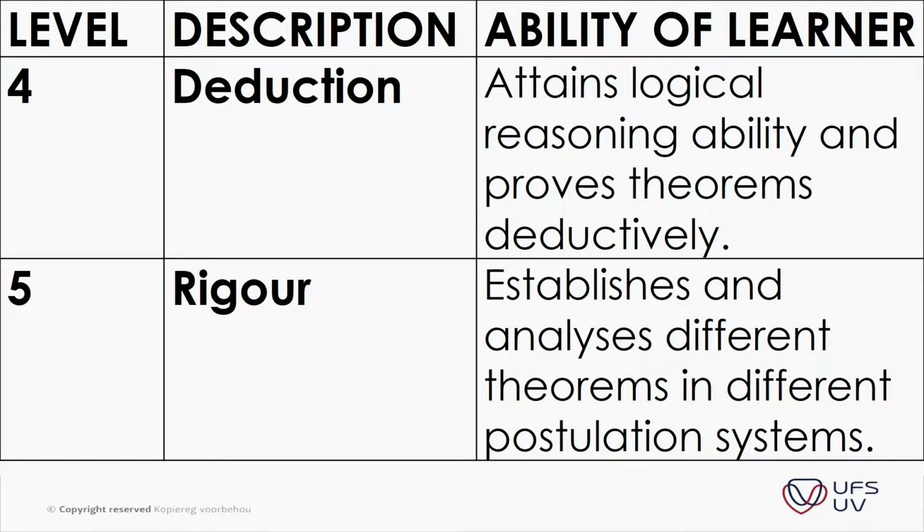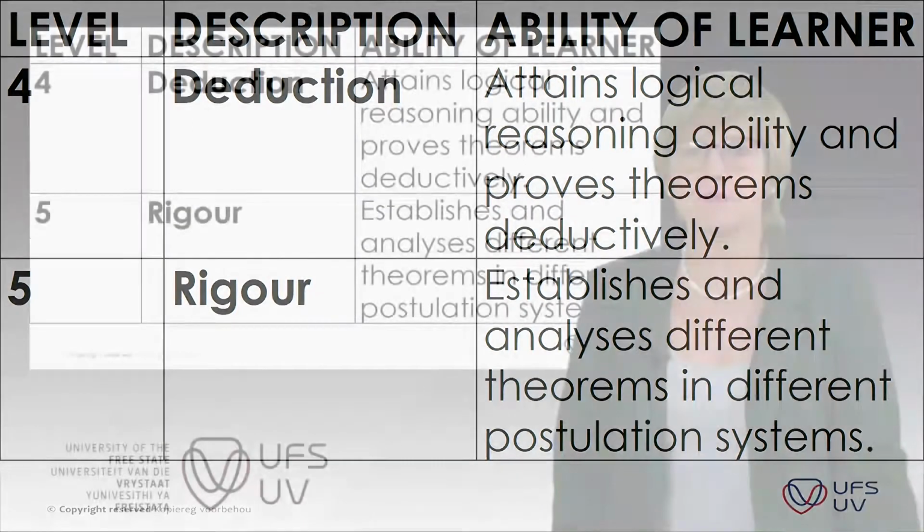Deduction. At this level, the learner should be able to attain logical reasoning ability and prove theorems deductively. Rigor. Here the learner should be able to establish and analyze different theorems in different postulation systems.